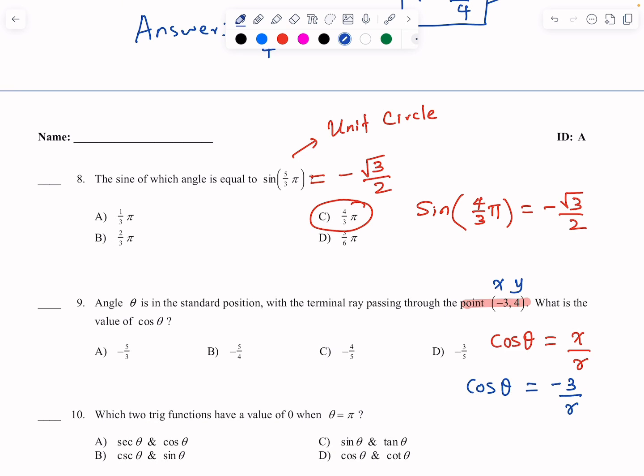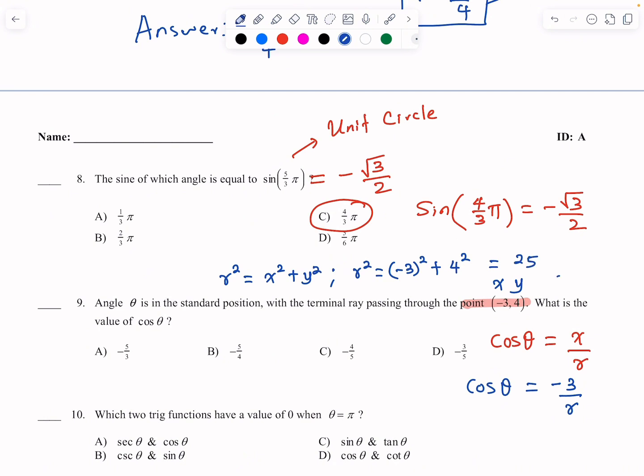To find out what the radius will be, remember the formula that I gave you, that r squared is equal to x squared plus y squared. If you do the math real quick, r squared, your x is negative 3 squared plus 4 squared, and this one is going to be 25.